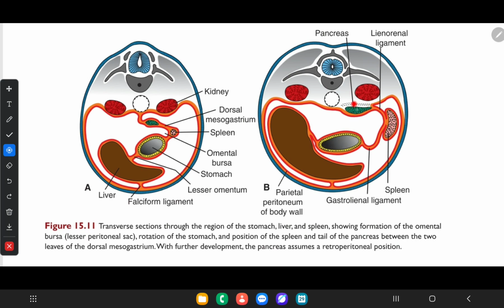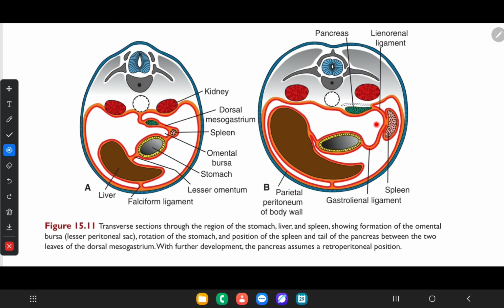It goes and fixes to the posterior body wall. These are two kidneys. Here you can see only the tail portion. Only the tail portion of the pancreas is inside this dorsal mesogastrium. The rest of the pancreas is in the posterior body wall and it is a retroperitoneal organ.